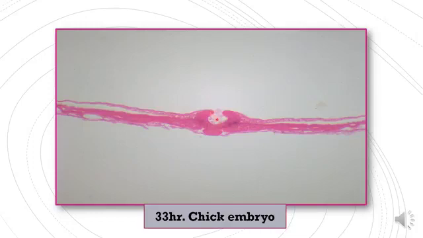A neural fold surrounds this cavity, which is called the neural groove. And ventral to the neural groove is the notochord. This is the notochord.